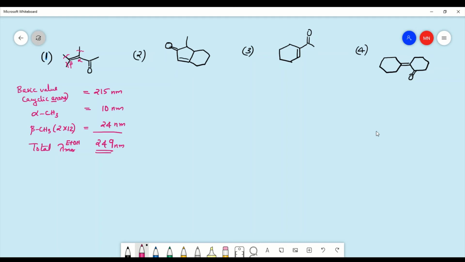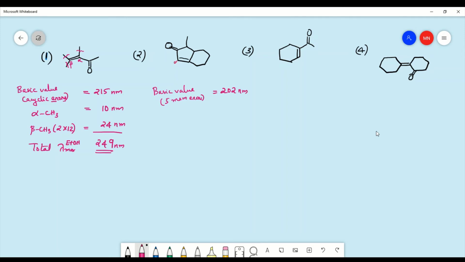Now let us move to the second compound. This is a cyclic 5-membered ring system. The basic value for the 5-membered enone is 202 nanometer.